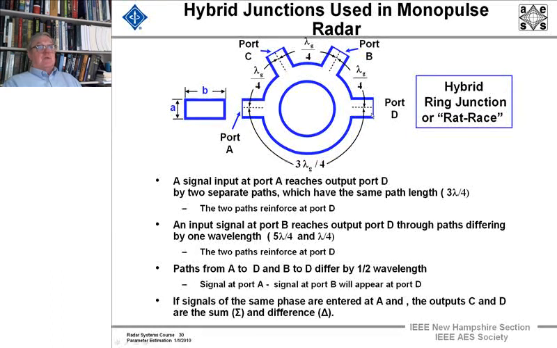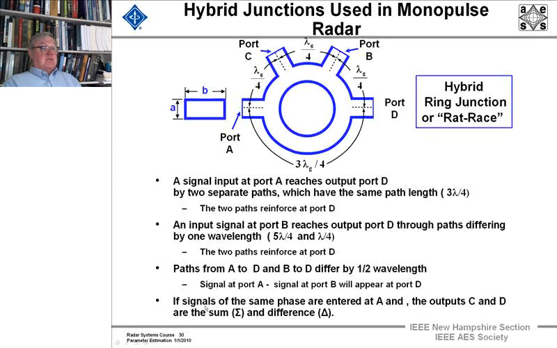Port B will go down to D, and it's a quarter wavelength. It will go all the way around to 5/4. The two paths will reinforce at port D because they're a wavelength apart. From paths A to D and B to D, they differ by a half a wavelength, and so you're going to get a different signal.